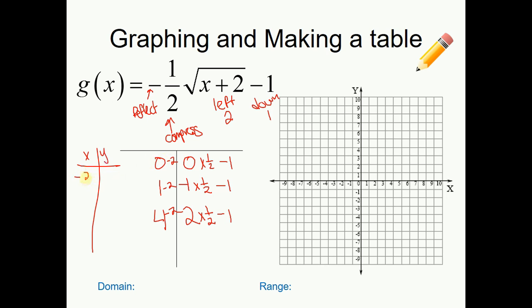0 minus 2, -2. 1 minus 2 is -1. 4 minus 2 is 2. Alright, so 0 times a half minus 1. That looks like it's -1. -1 times a half, it's -1/2, minus 1 would be -1/2, looks like. 2, or -2 times a half, that's -1 minus 1, -2.